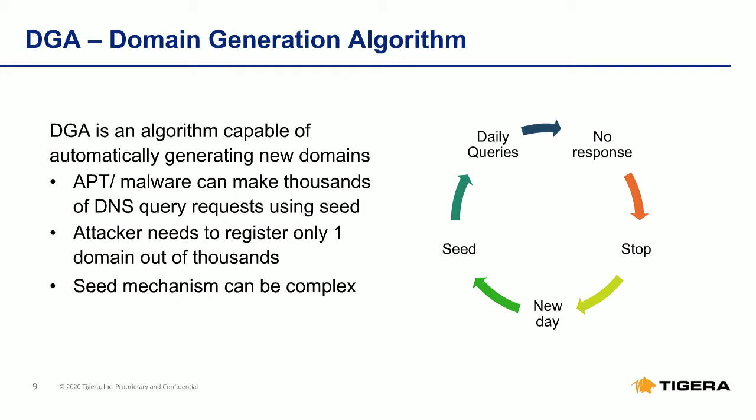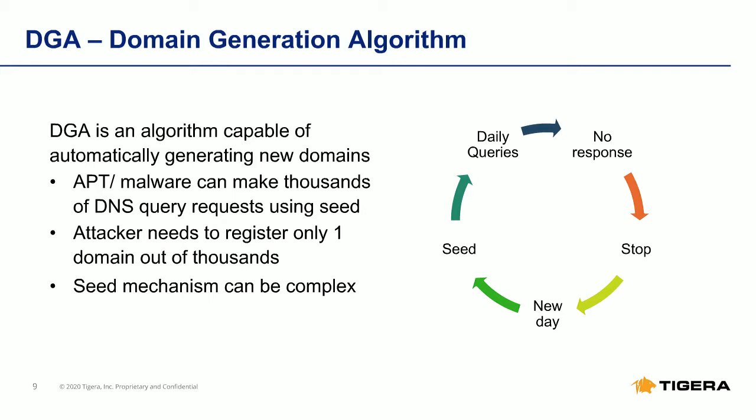As you can see in the graph at my right-hand side, malware continuously tries to do that. If there is no response, it stops. Another day, it uses its configured seed and then makes these queries.